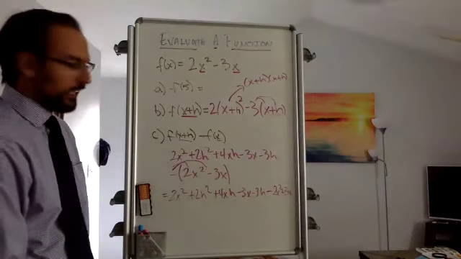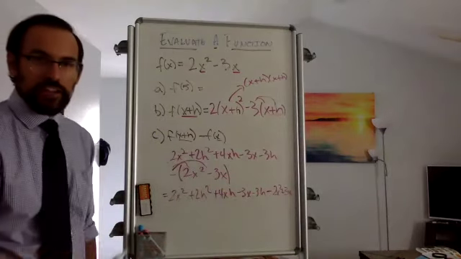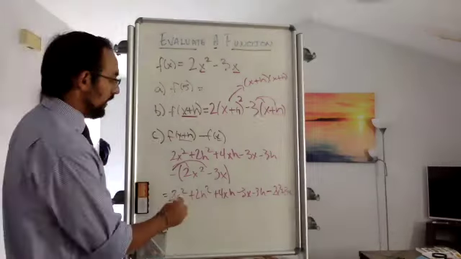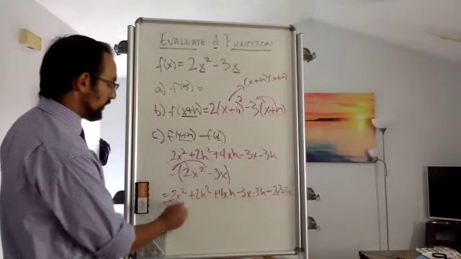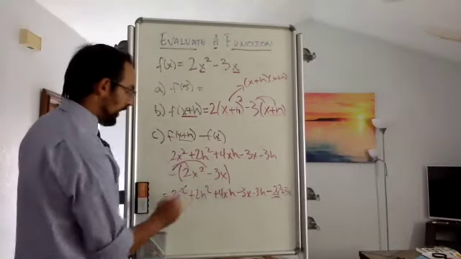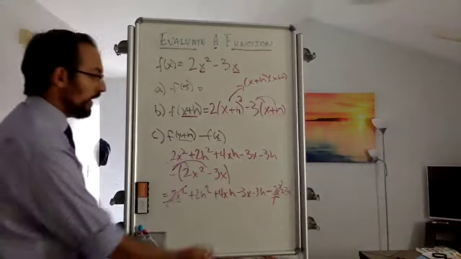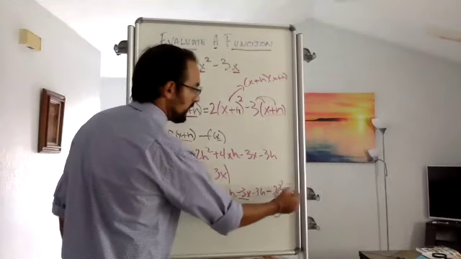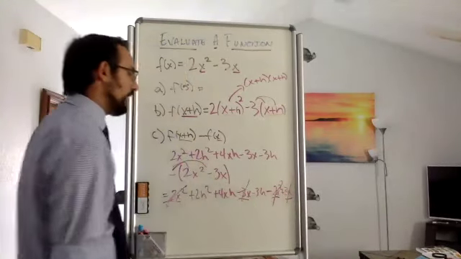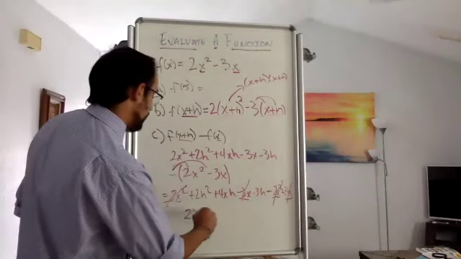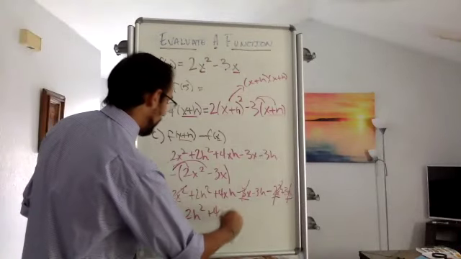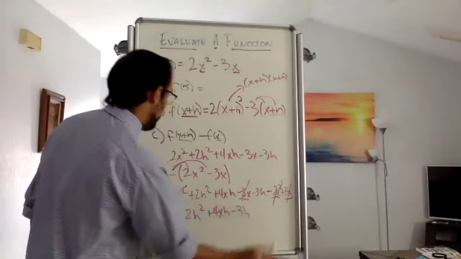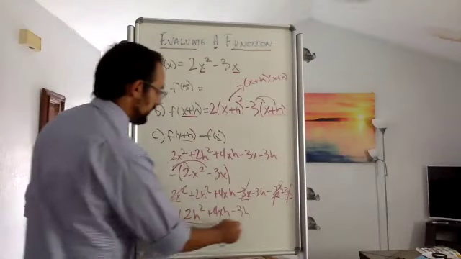So now all I would do is combine my like terms, and we're going to see a lot of stuff cancel when it comes to this component. So I have 2x squared here, 2x squared here, positive, negative, cancel each other out. Then I have a minus 3x here, a plus 3x here, positive, negative, cancel each other out. What am I left with? 2h squared plus 4xh minus 3h. That would be my simplified version.